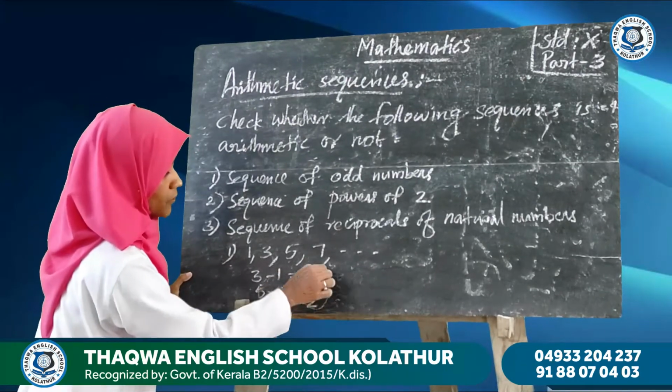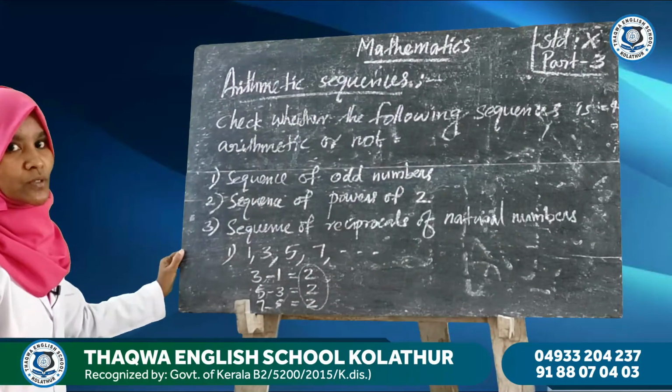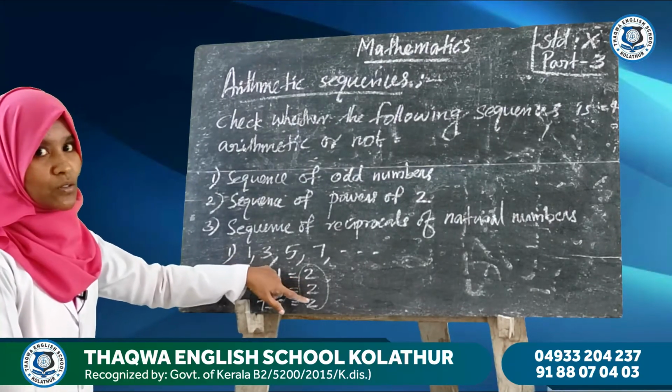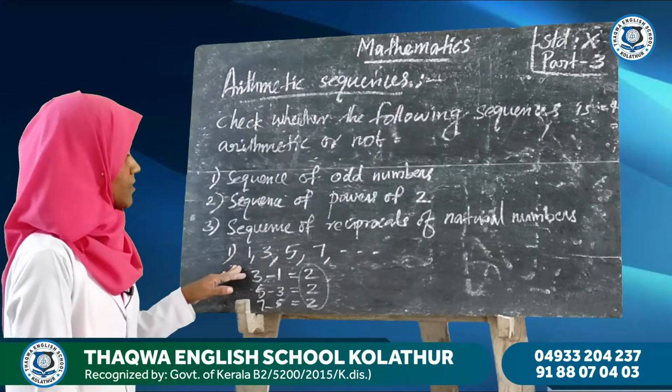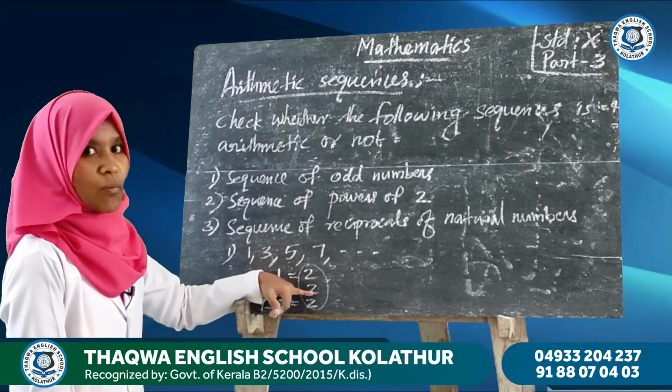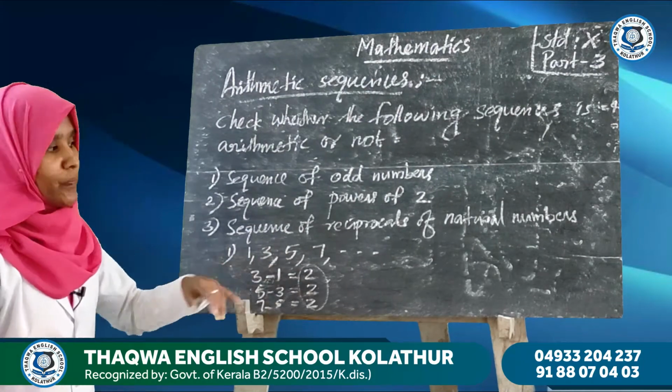So what we get? The difference of two consecutive terms is same. What is the difference? 2. So we can say that the sequence of odd numbers is also an arithmetic sequence with the common difference 2.